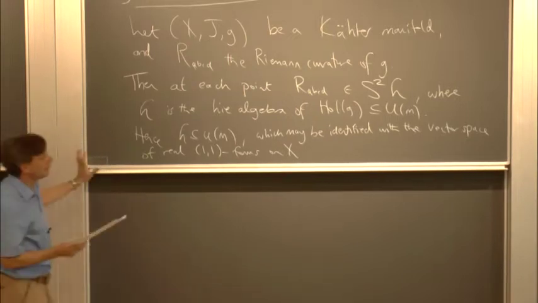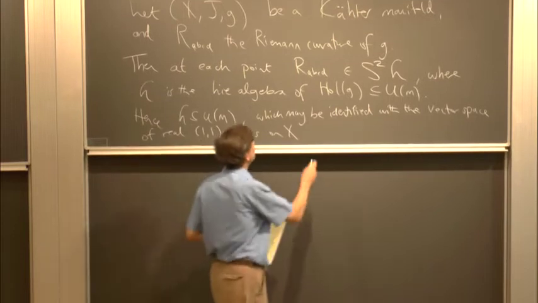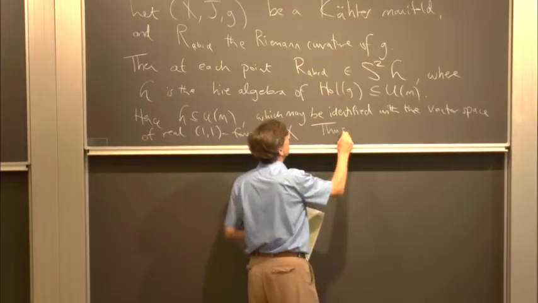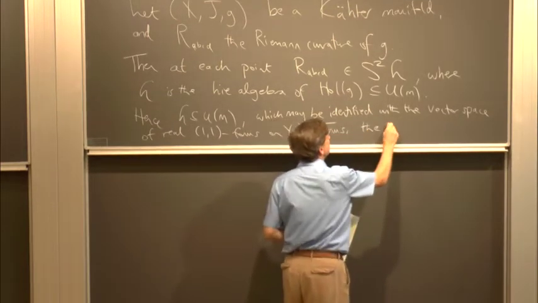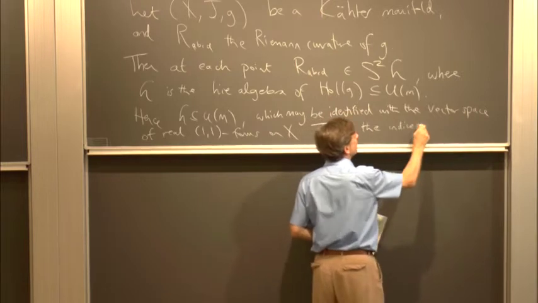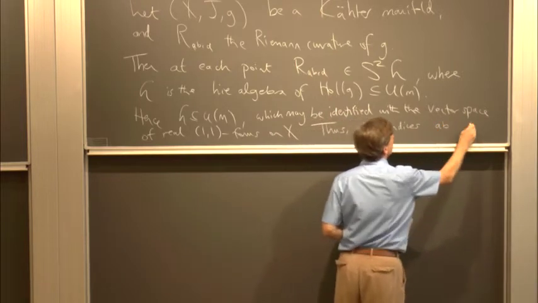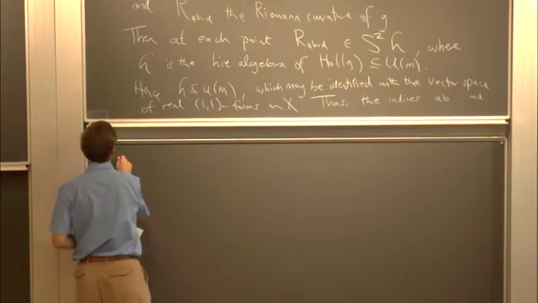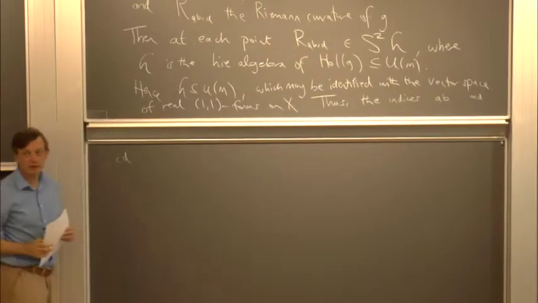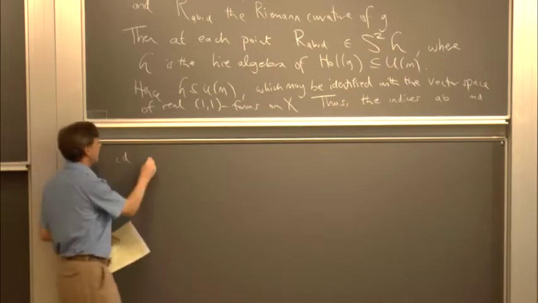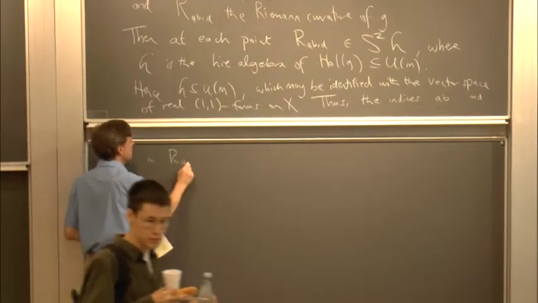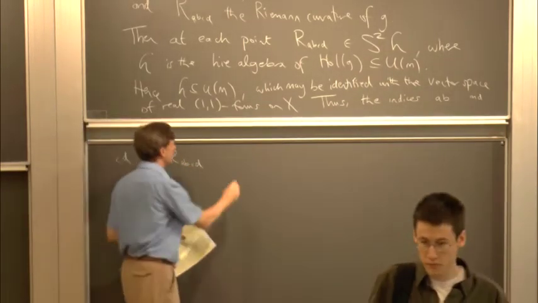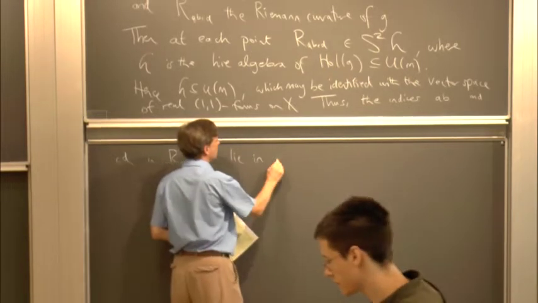So therefore the indices ab and the indices cd in R_abcd lie in the real 1,1 forms.